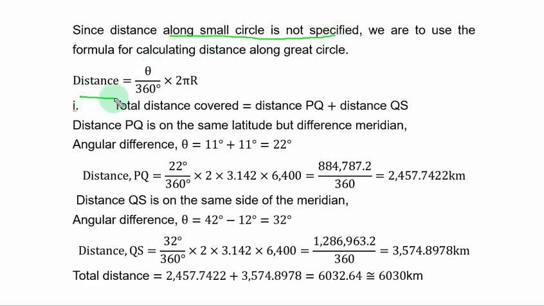Total distance is equal to distance PQ plus distance QS.